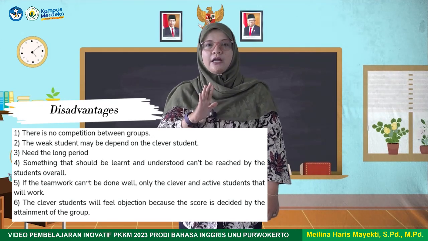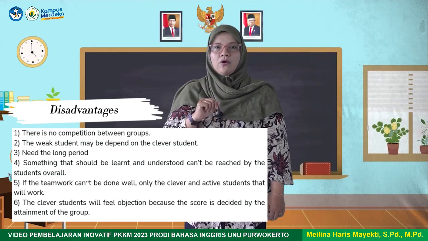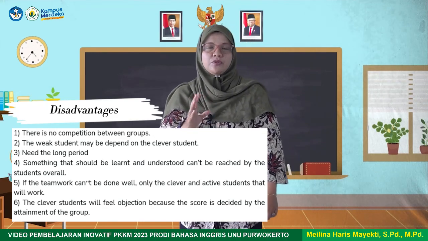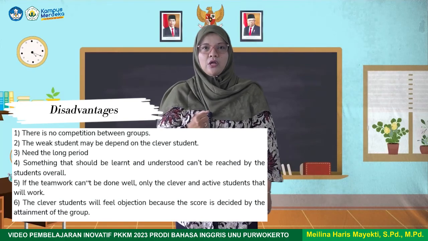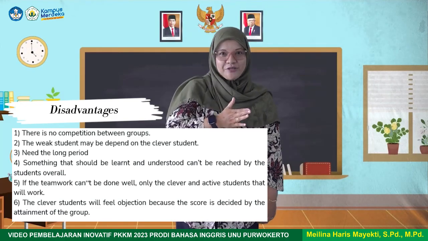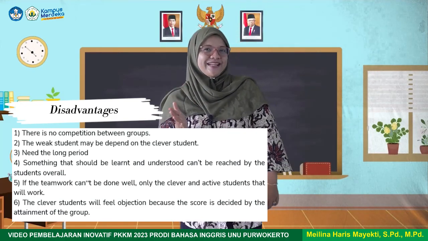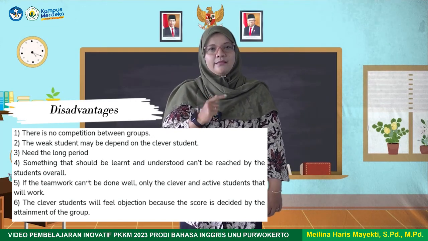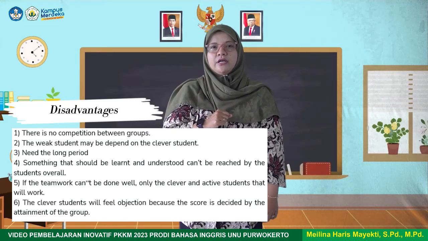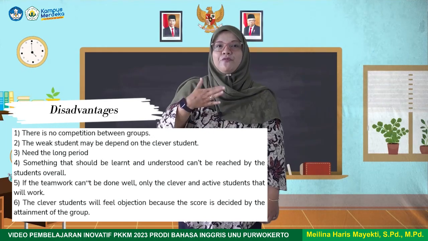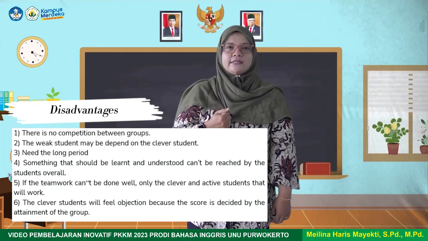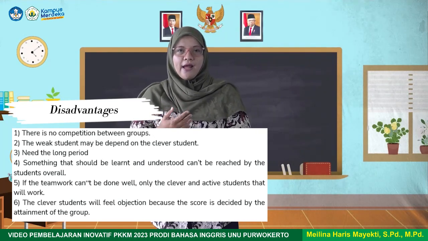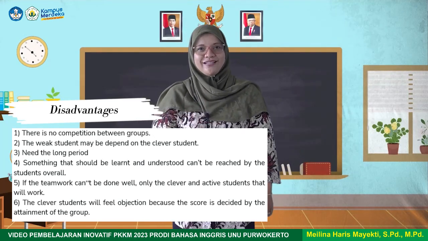If the teamwork is not done well, only the clever or active students will work. So there are passive students and active students. Then the clever students will feel objection because the score is decided by the attainment of the group.